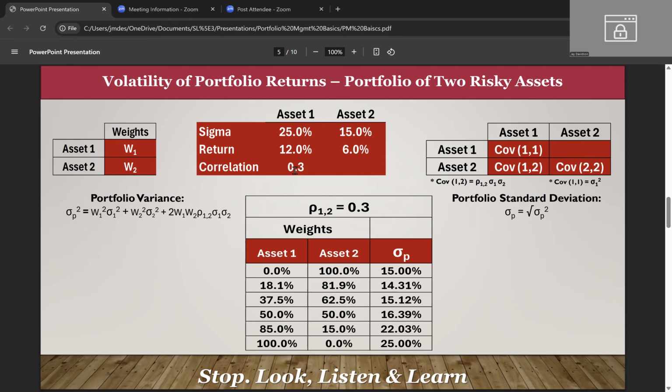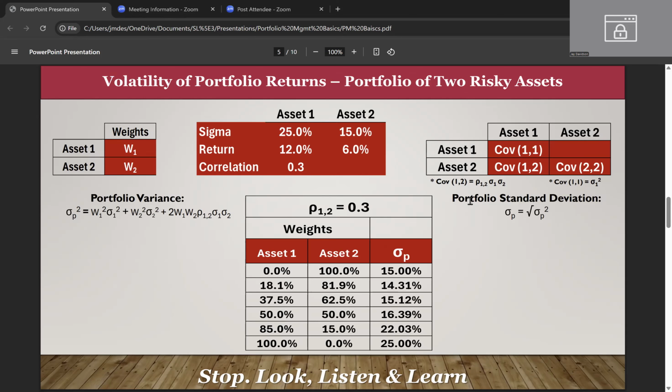If they just gave you the covariance, and you also have the standard deviations, then you could just drop the covariance into this equation here.